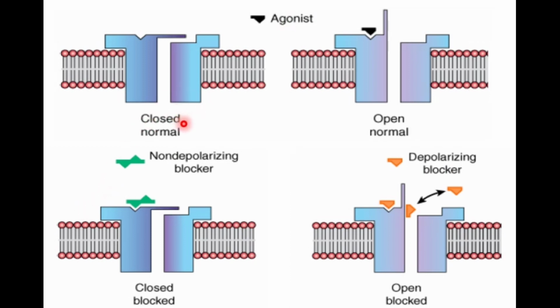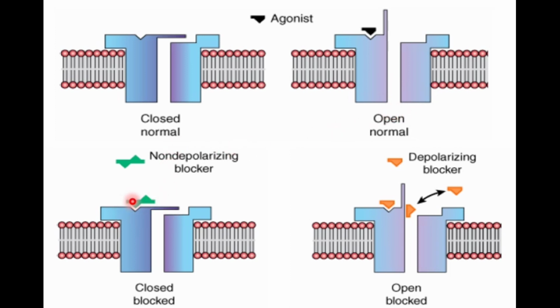To summarize the mechanism of action of muscle relaxants: normally the sodium channel at the nicotinic receptor in the neuromuscular junction is closed. Acetylcholine briefly opens it and produces an action potential and therefore muscle contraction.